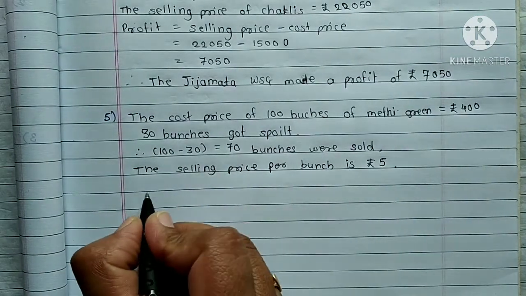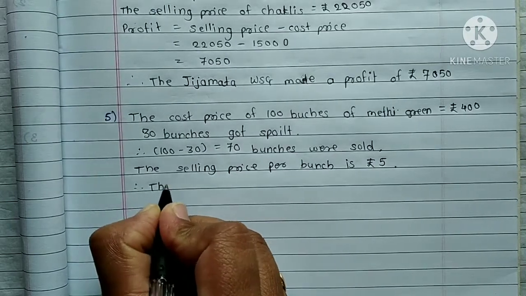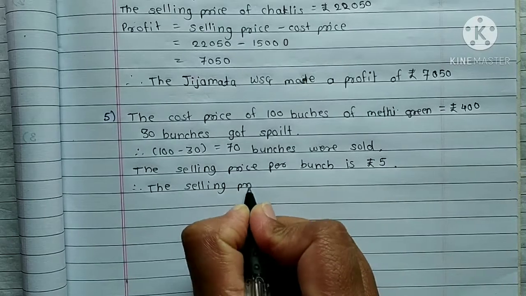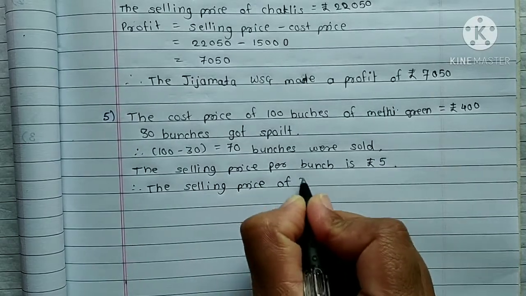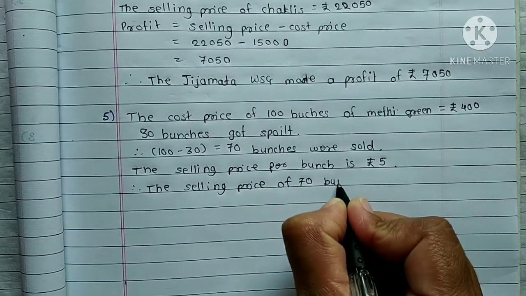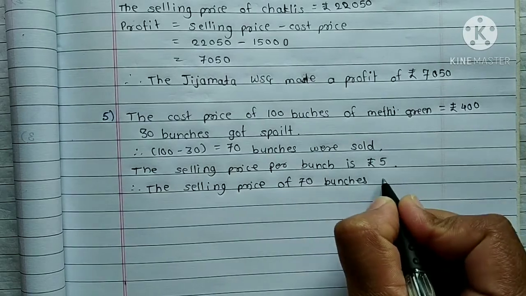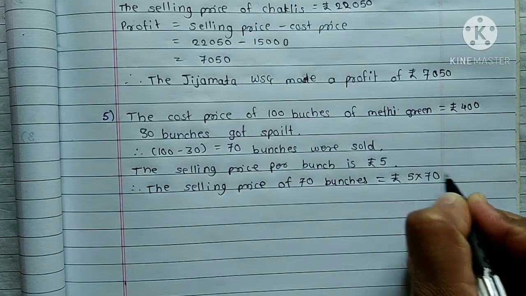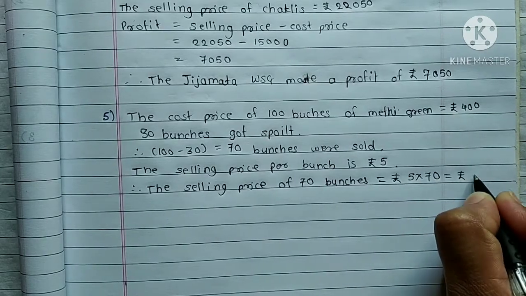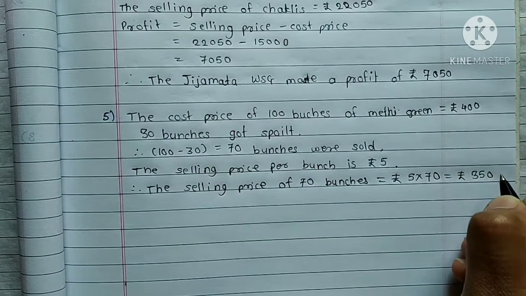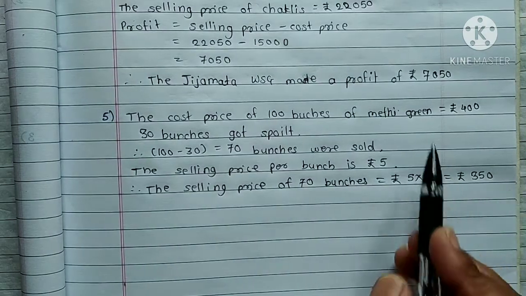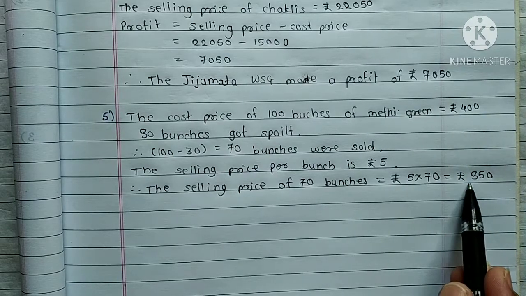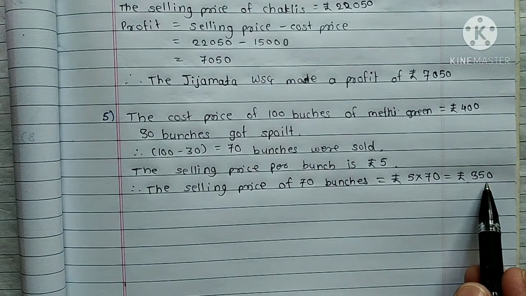That means the selling price of 70 bunches is equal to rupees 5 into 70, which is equal to rupees 350. Now see here, cost price is 400 and selling price is 350.